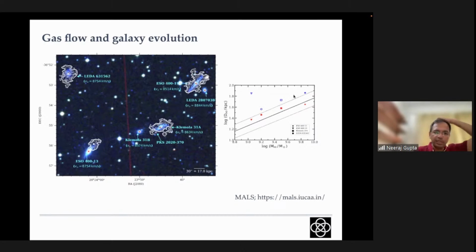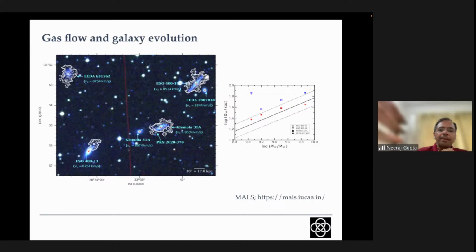You can infer straight away by visually looking at this image that the H1 extent of these galaxies is nowhere near a factor of 2. Perhaps because of the interaction between the galaxies, and also ram pressure stripping and other processes, the H1 disks have been truncated in this case.